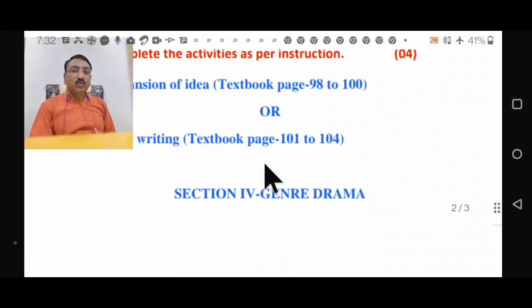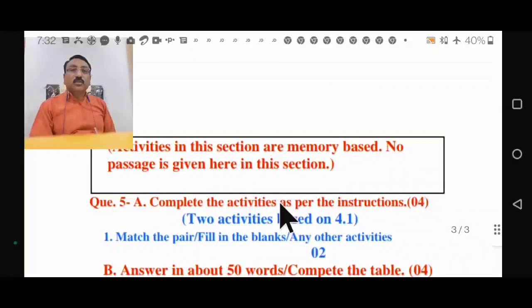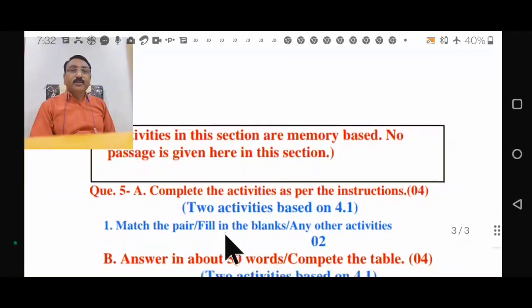Now let us move to the last section, that is drama. So you will have question number 5A and B. In this section, the activities are totally memory based.